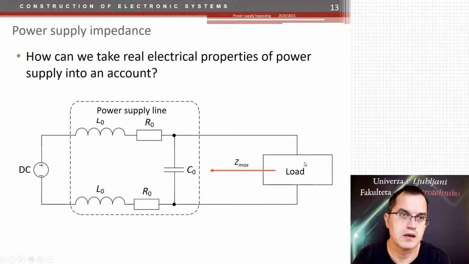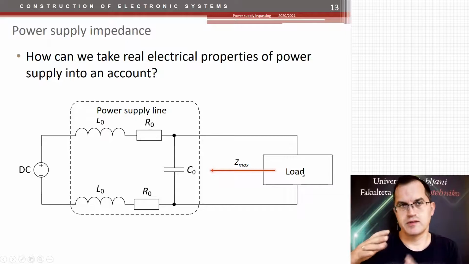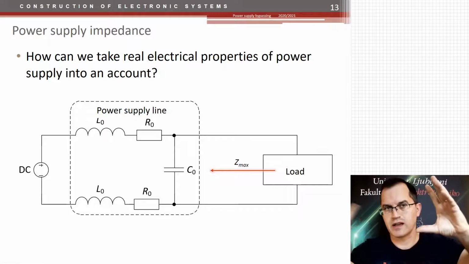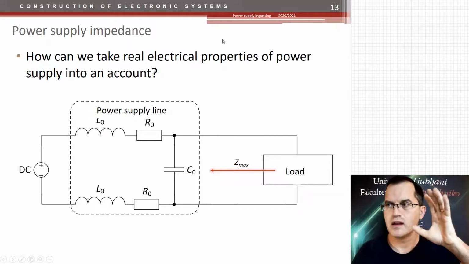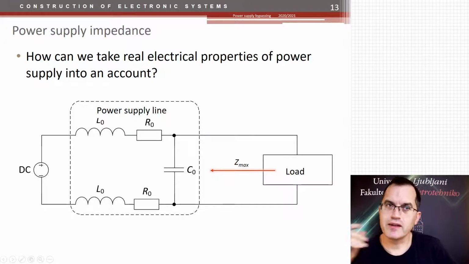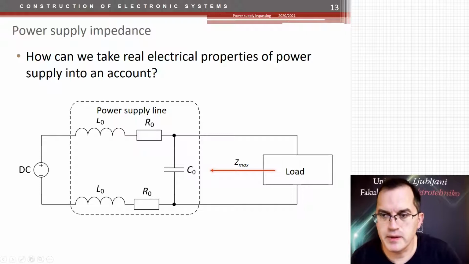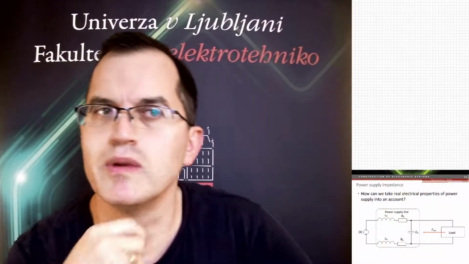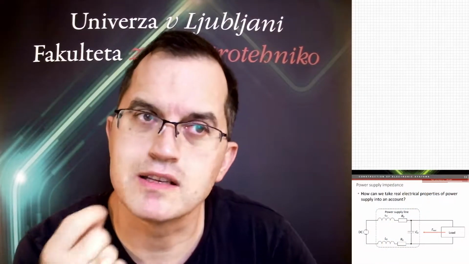Our load is the microcontroller or the integrated circuits that are there, all the transistors, everything that is supplied by this power supply. Now, this load is connected to this source, and that source together with everything here represents a certain impedance. And as you may know, the impedance of the sources should be as low as possible.